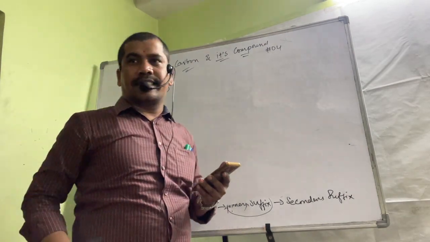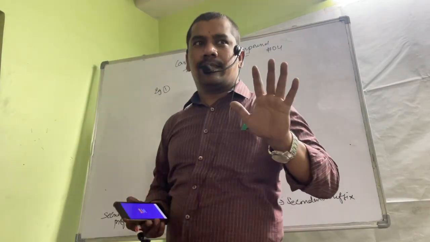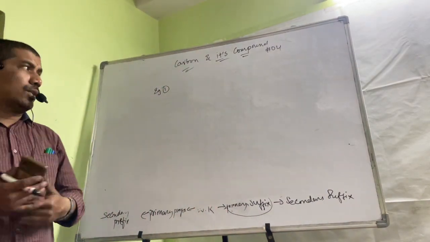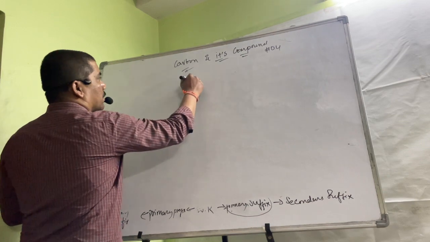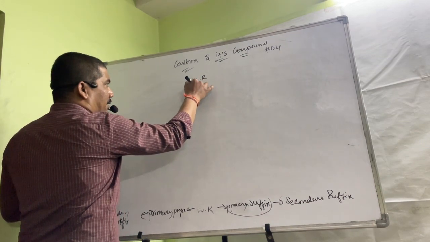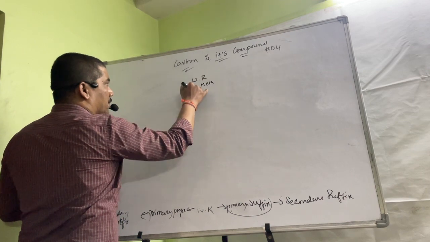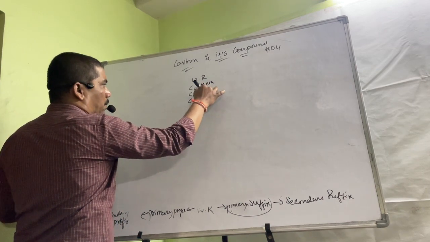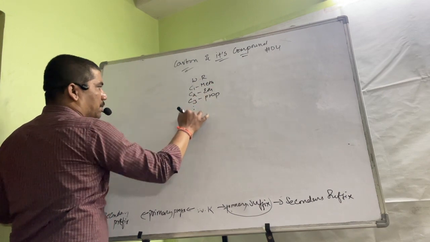So any confusion till this? Clear? Yes. First what you should write? Word root. Word root means C1 meth, C2 eth, C3 prop, and so on.